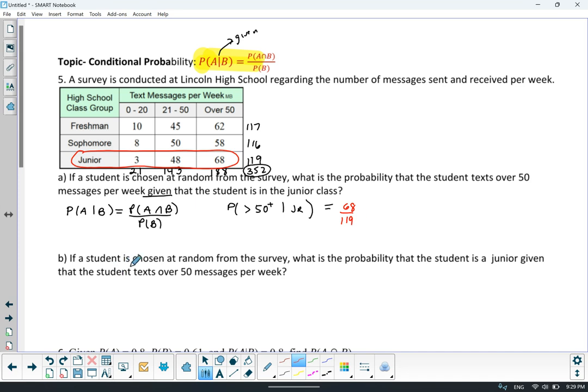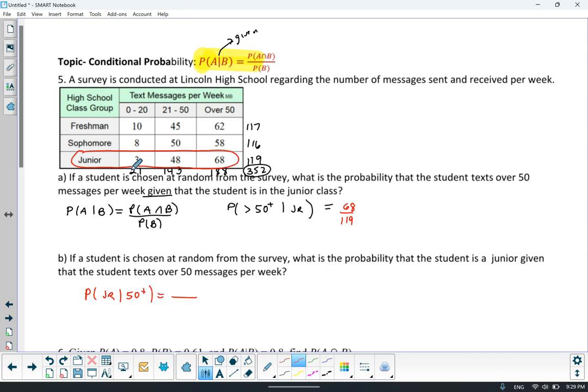Part B said, if a student is chosen at random, what is the probability that they're a junior given that the student texts over 50 messages? So probability junior, and then the condition is 50 plus.